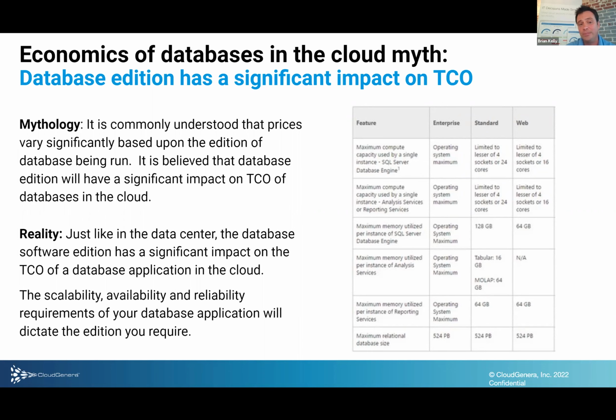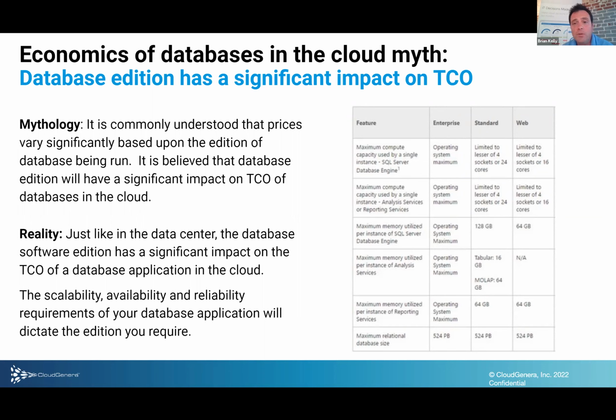And that's true. The reality is, just like in the data center, the software edition has a significant impact on the TCO of a database application in the cloud. The scalability, availability, and reliability requirements of your database are critical items that need to be understood going in, because they're going to dictate the edition that you require.